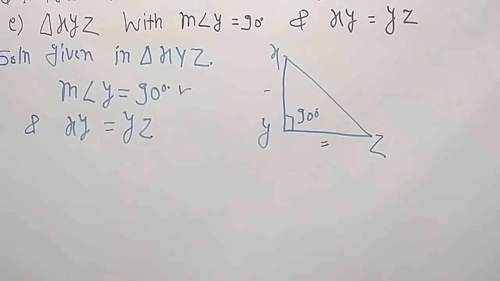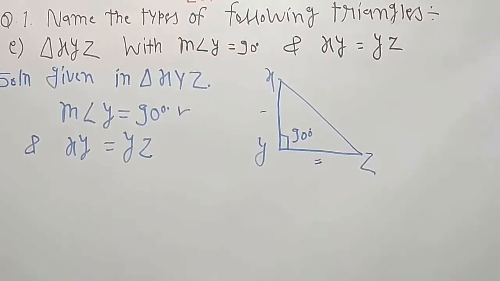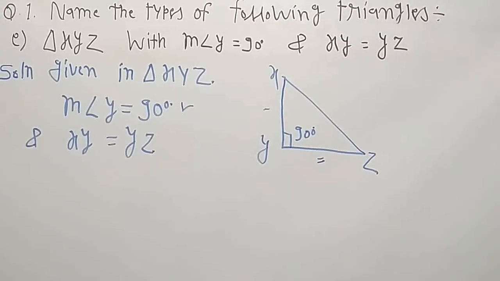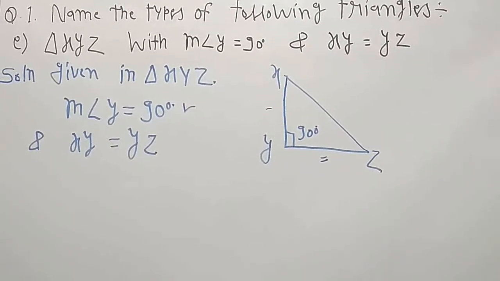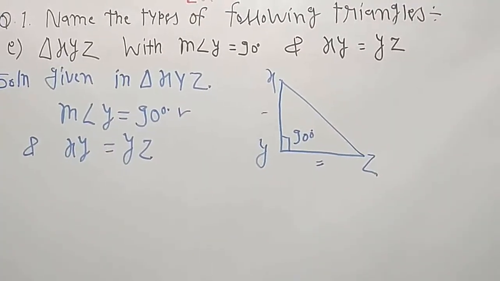So it is the case of a different type. The measurement of two sides are same, then on the basis of their sides we can say that this is an isosceles triangle, and on the basis of their angles, if one angle is a right angle, then it is a right angle triangle.